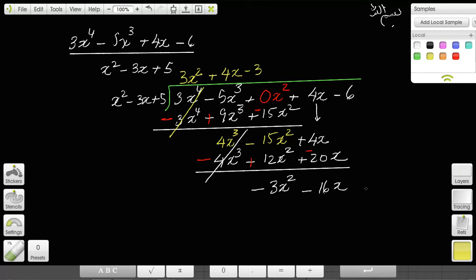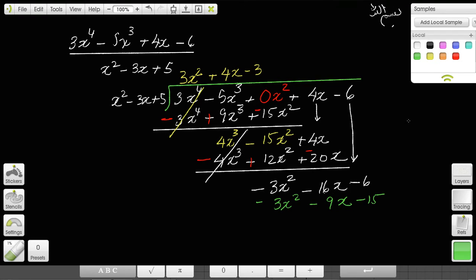Okay, that's easy enough. I forgot to bring this minus 6 down over here. So when I do this, I get minus 3x squared minus 9x minus 15.